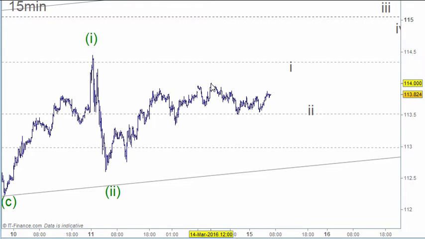A bit dodgy though, but what it does do is it gives us this move up here as wave 1, and then a corrective pattern perhaps to here as wave 2, probably not the 50-60% mark.